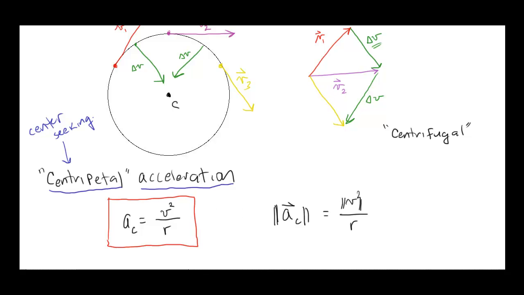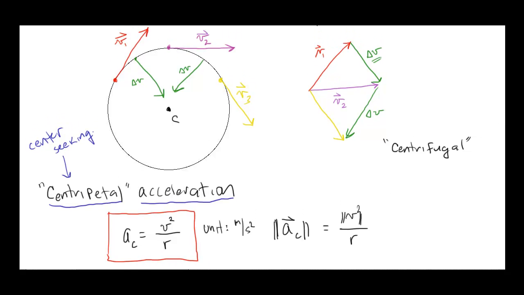So this is sort of a definition, and I'm just giving this to you, and later on, hopefully, I can prove it. And the unit here, of course, is our standard unit for linear acceleration, so meters per second squared.